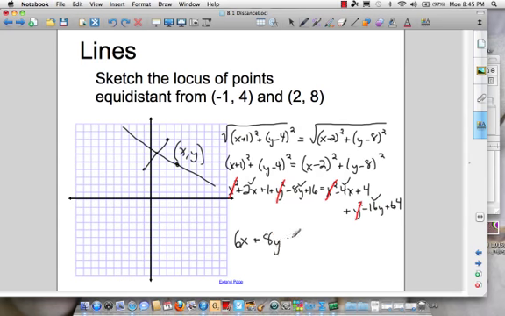And then on this side, my constants add up to 68. That's 4 and 64. And then I'm going to have to take this 1 and 16, or 17, and subtract it, which would give me 51. So here you have the equation of the line, 6x + 8y = 51, which is the locus of points equidistant from (-1, 4) and (2, 8).